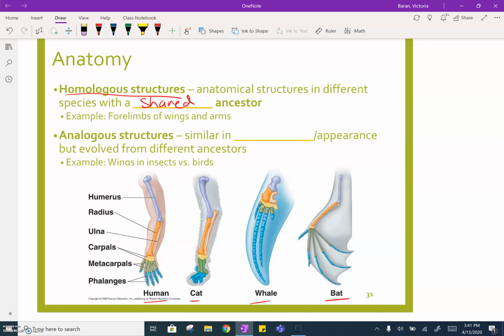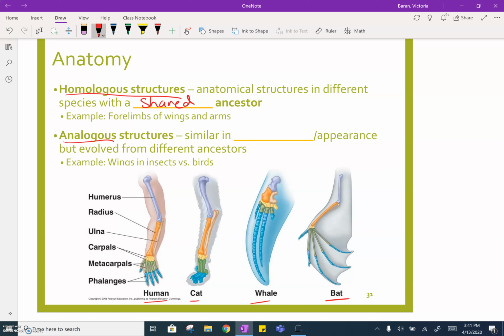You will have an assignment where you have to identify these similarities. The radius and ulna are kind of hard to distinguish between, but one thing that you can remember is that the radius is always on the same side as the thumb. So those are homologous structures.